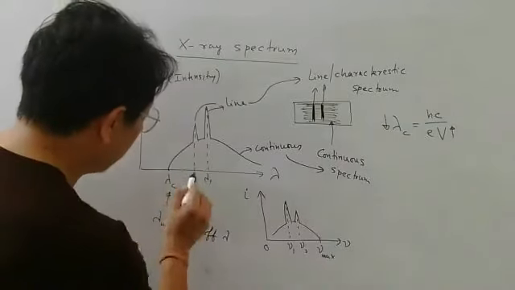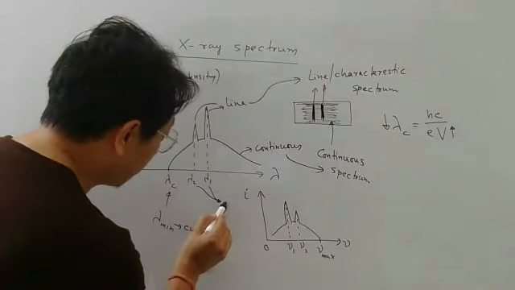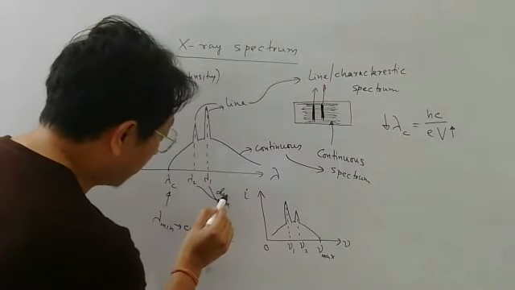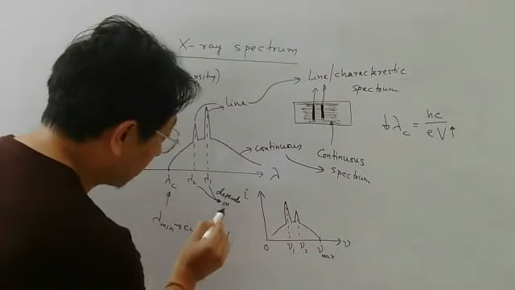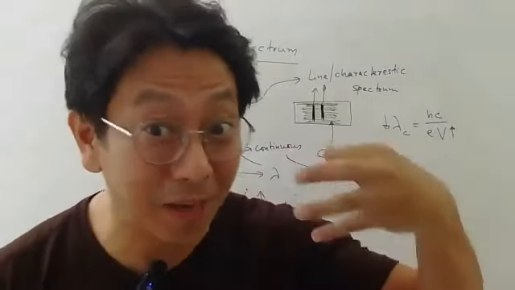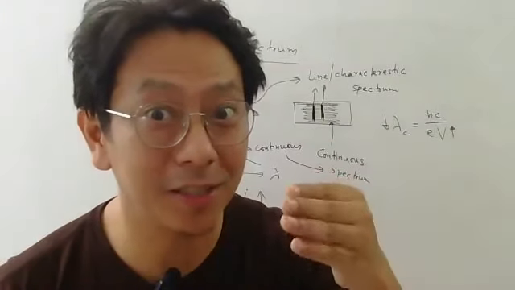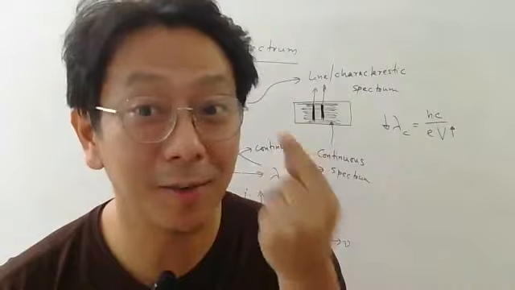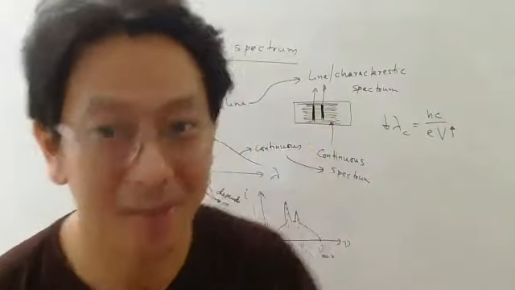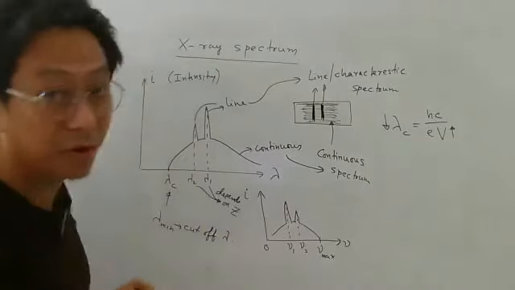And these lambdas, I will show you later, depend on... since it is characteristic spectrum, I told you, characteristic of the metal. So what do you think? If it is characteristic of the atom, then it will depend on what? Z. So these two lambdas depend on the atomic number of the metal.